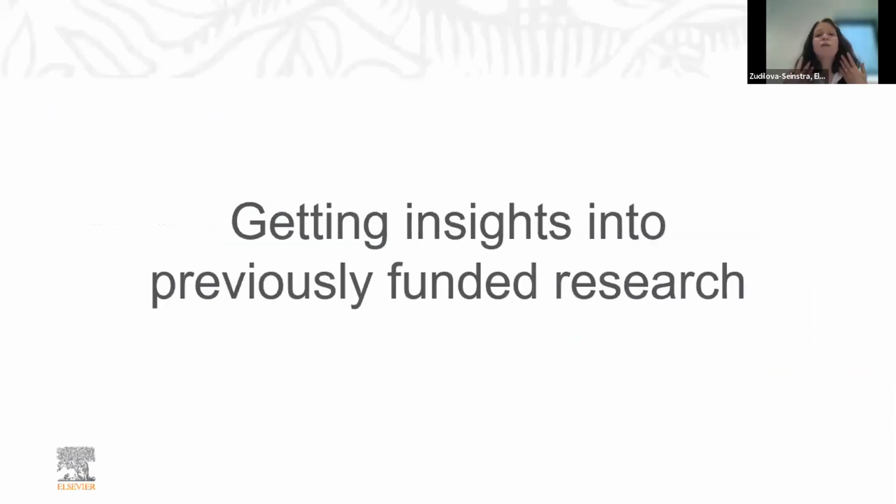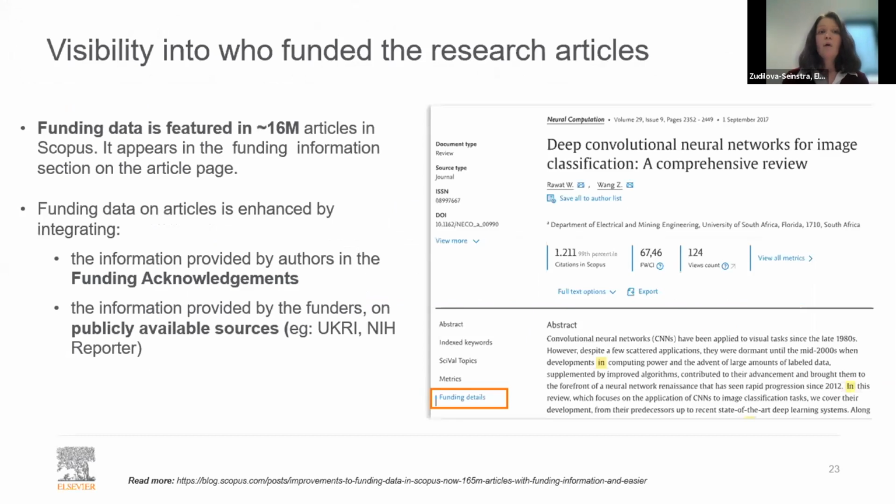Moving on. We just looked at how we can search for funding information. But what about research that was sponsored by certain grants? How could you relate to the funding information by looking at the published research? More than 16 million articles in Scopus feature funding data.